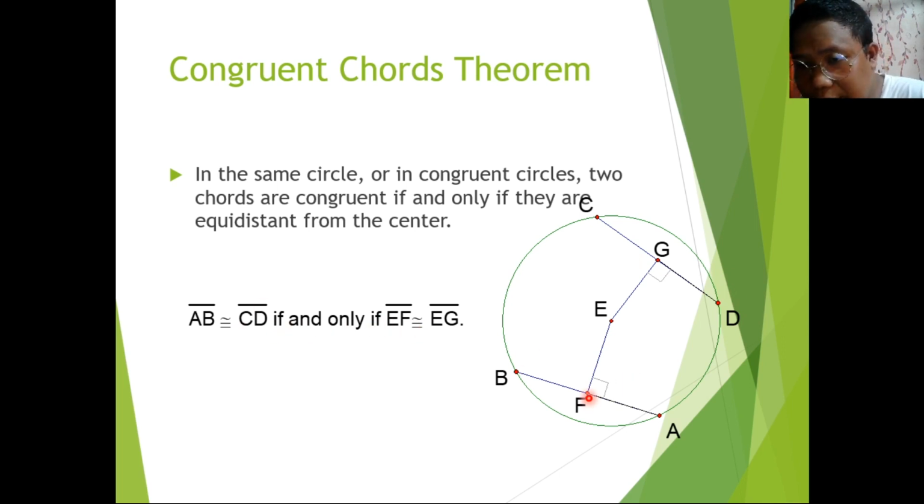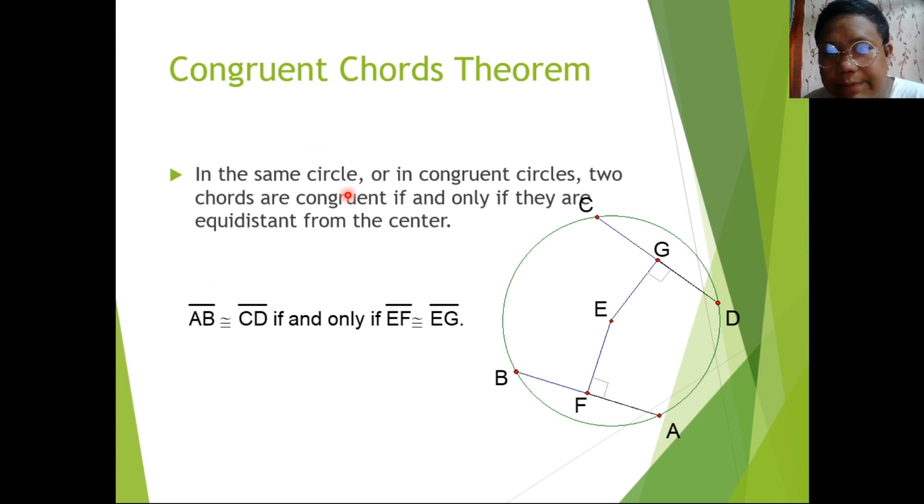segment EF is congruent to segment EG. Okay? So if these two segments are equal, therefore these two chords are also congruent. That is all about the congruent chords theorem.